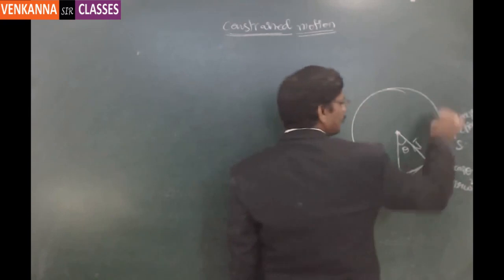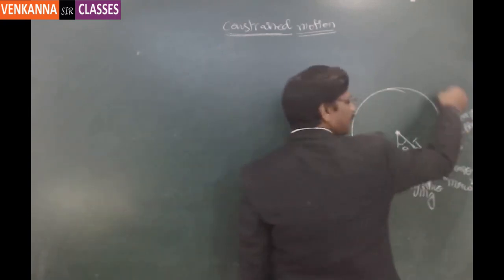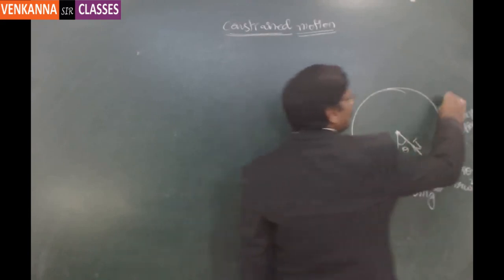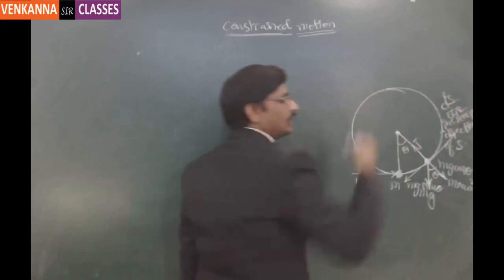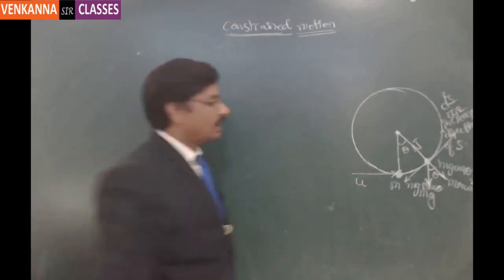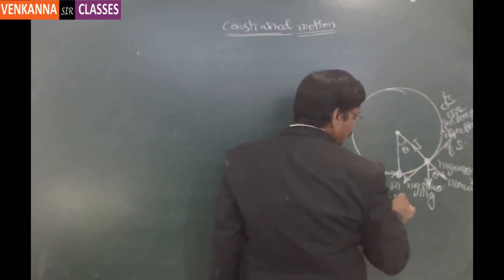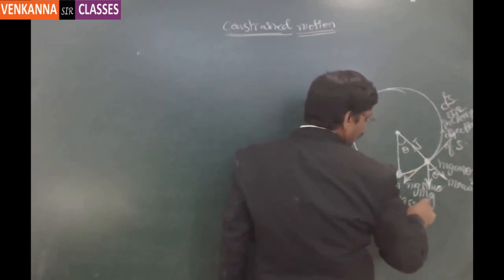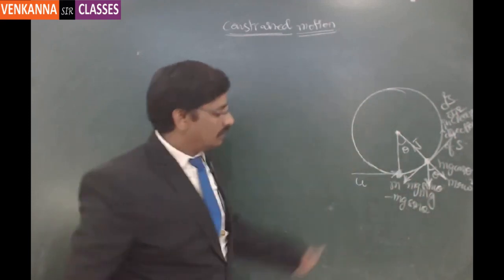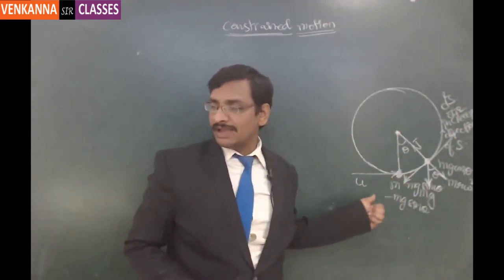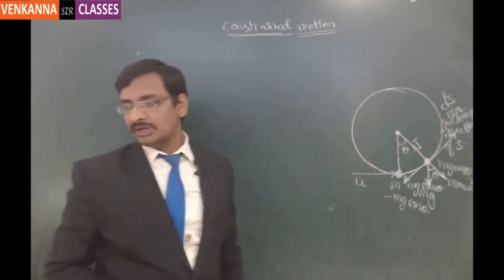So this is the S direction, and the acceleration in the increasing direction of S is nothing but d square S by dt square. And there will be a counter force which is dragging opposite to that. That is minus mg sin theta, which is opposite to S. By magnitude it is mg sin theta, but it is in the decreasing direction of S. Hence we have to treat this as the negative value. Got it?